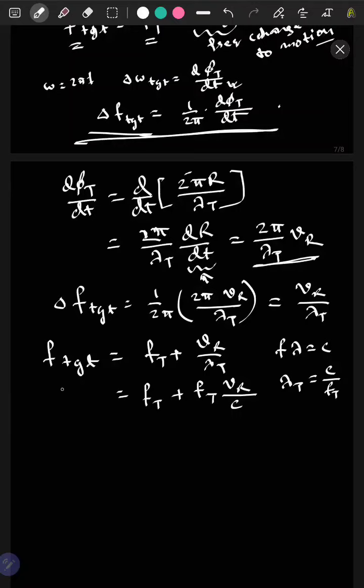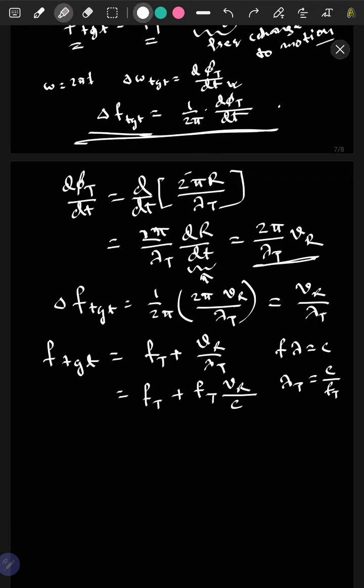So now we can think of the target as if the target is now transmitting this frequency F target, and our receiver will receive whatever this frequency is and whatever the change is due to the motion.